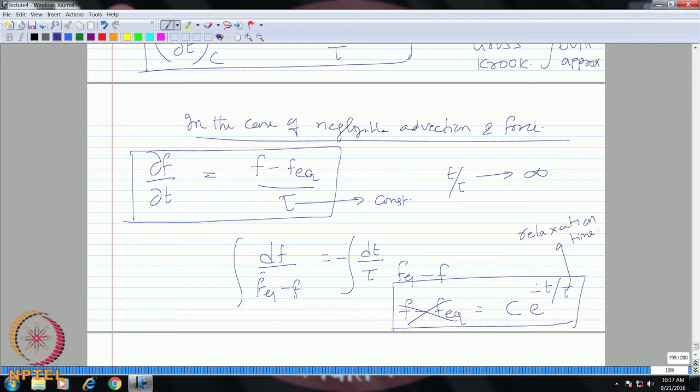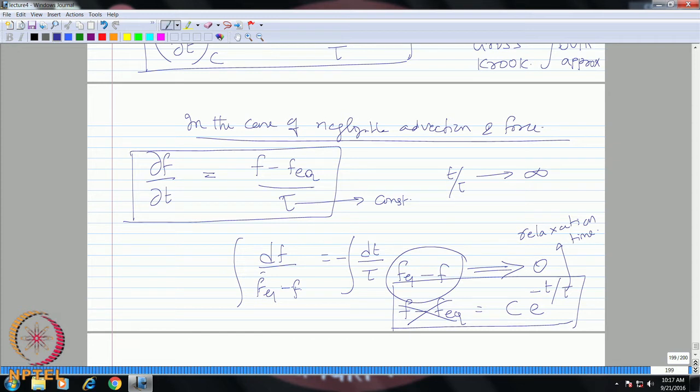So, what this signifies is that for large values of time going to infinity, this is going to 0. That means your non-equilibrium function is approaching the equilibrium distribution.